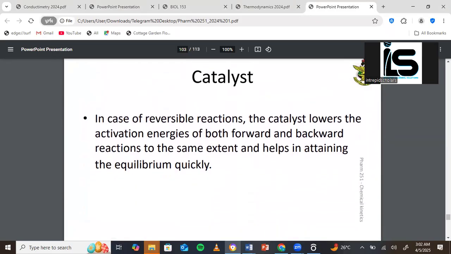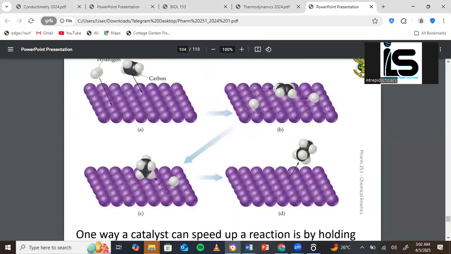In reversible reactions, the effect of a catalyst on the forward and backward reactions is the same. It lowers the activation energy for both. So it doesn't favor the forward or backward reaction, but it helps us arrive at equilibrium early. That is the only thing it does in a reversible reaction.